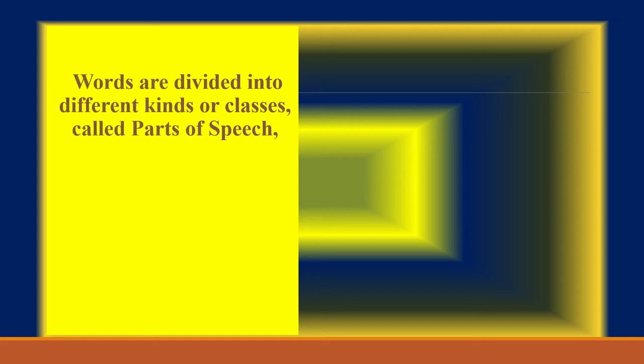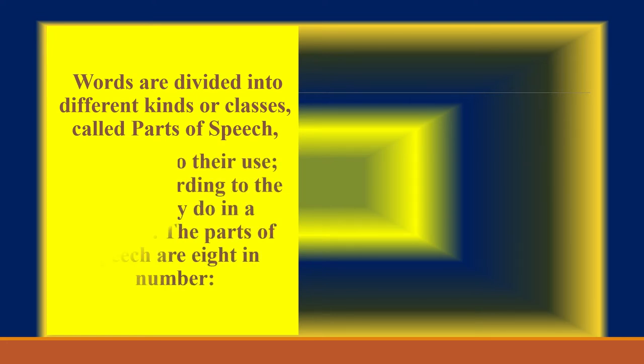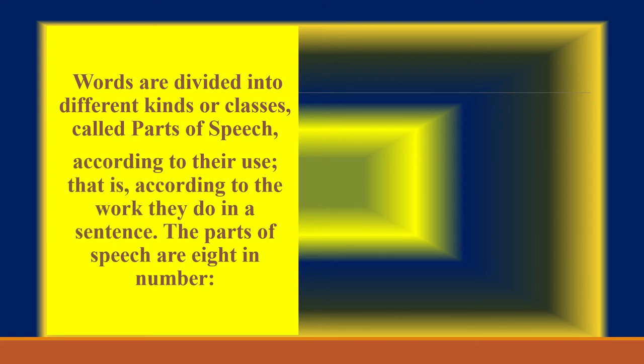So let us see here. Look at the screen here. Words are divided into different kinds or classes called parts of speech. How can they be?